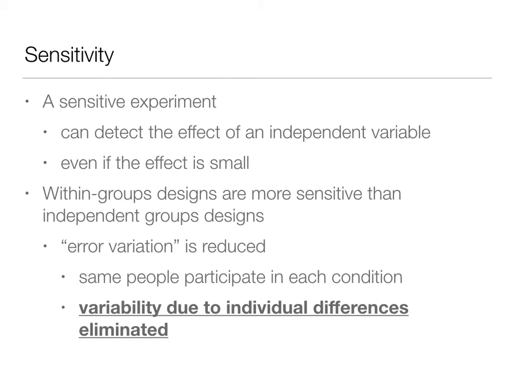So again, this variability due to individual differences is eliminated. Because we've eliminated this, all we have left is the variability due to chance, the variability due to these other kinds of things. Think back to when we were talking about between subjects at the beginning of this lecture: you could have variability due to individual differences, and you could have variability due to environmental factors. In a within subject design, we don't have variability due to individual differences.